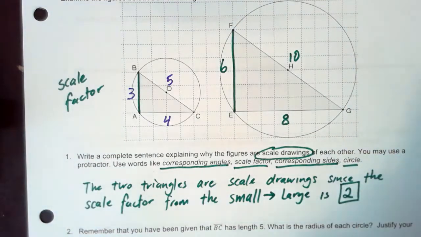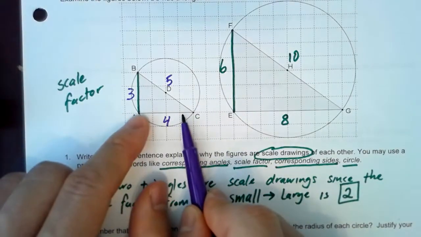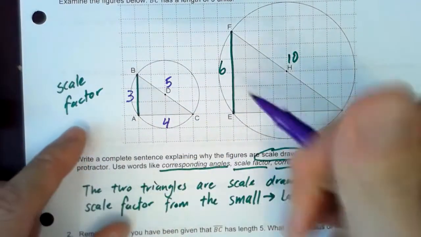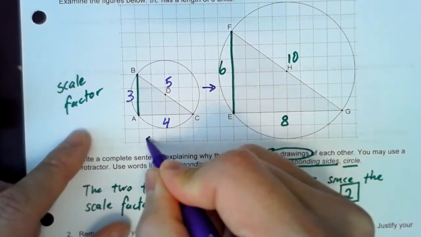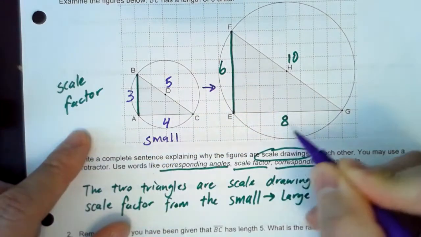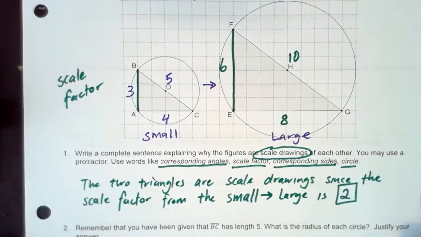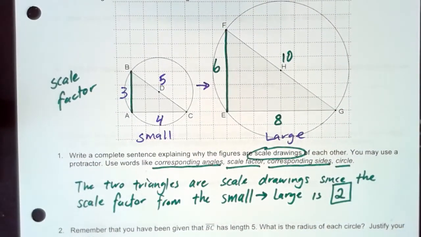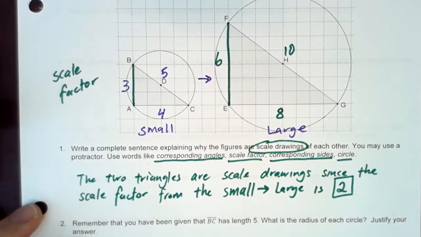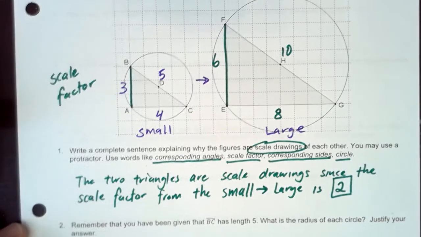So the scale factor being 2 just means that in order to go from this to this, we always go from the small triangle to the large, right? You could also go from the large to the small, but you'd realize that that scale factor would be 1/2. It would be the reverse. The reciprocal, okay? We've talked about this in class before, so this is somewhat of a review.